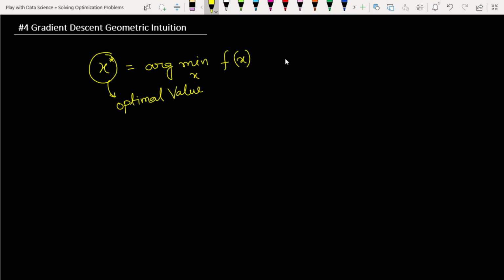So to find this optimal, we are using the derivative concept.